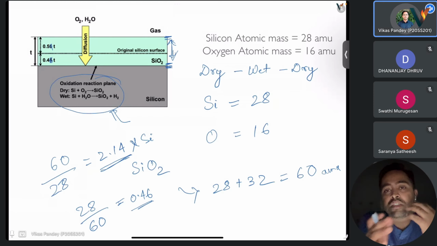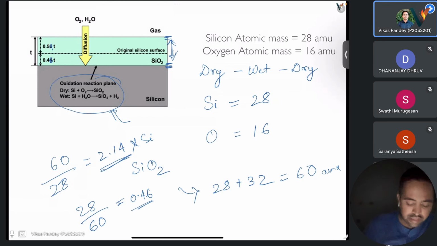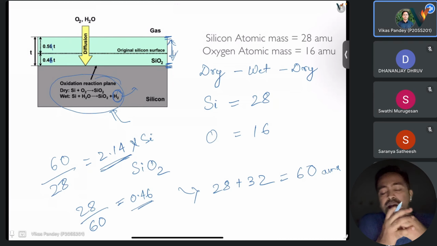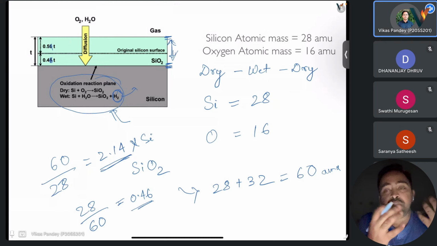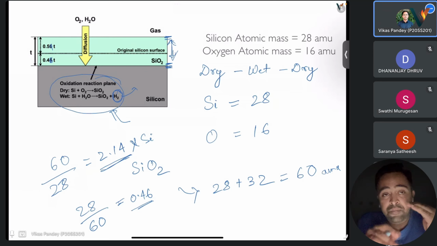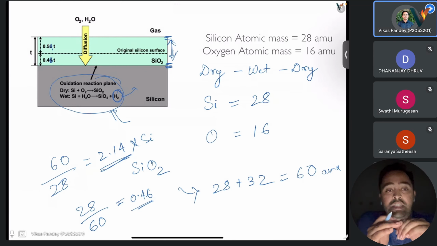So this is the general way that is done, and these are the two reactions. Here, in the case of wet, this H2 is the thing that actually degrades the quality a bit. We cannot say very much, because the hydrogen molecule is smaller in size. But this is also the advantage when we are using H2O, that since this molecule is smaller in size, it will be able to diffuse to the interface easily.